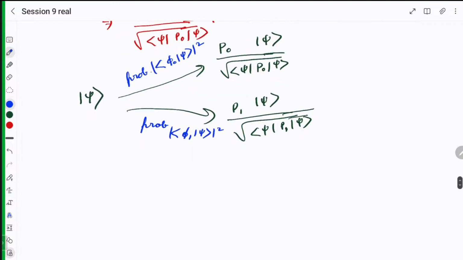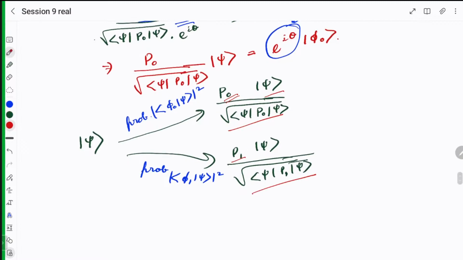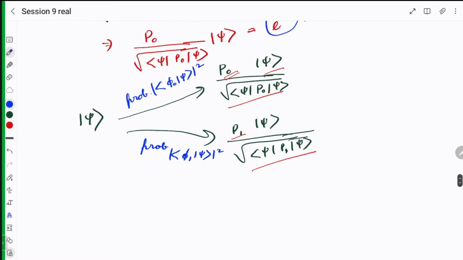So when we are measuring, either P naught by this will act on psi, or P1 by this will act on psi. Okay, and P naught and P1 are said to be the projection operators.